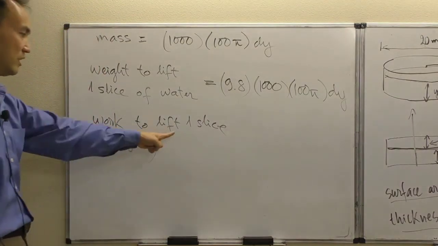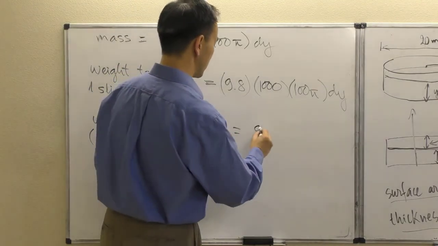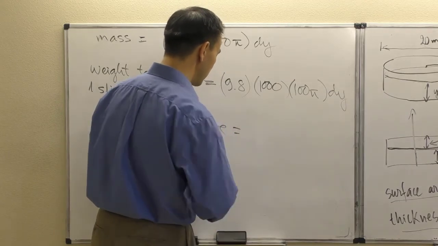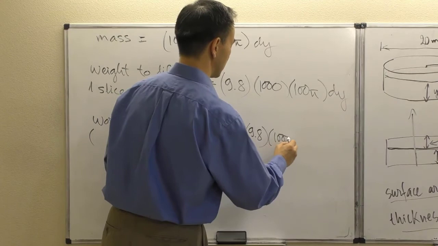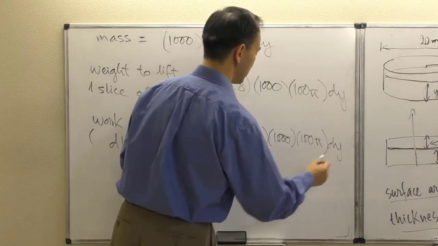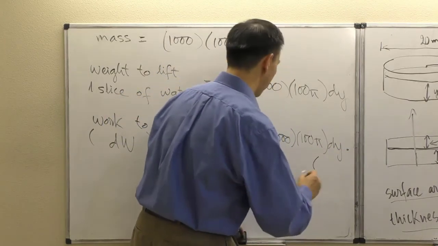That's work to lift one slice of water. This is going to be 9.8 times 1,000 times 100 pi times dy, but we must multiply with 4 minus y.